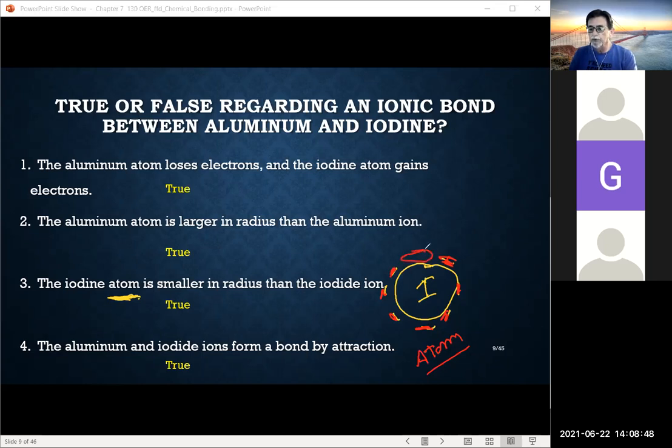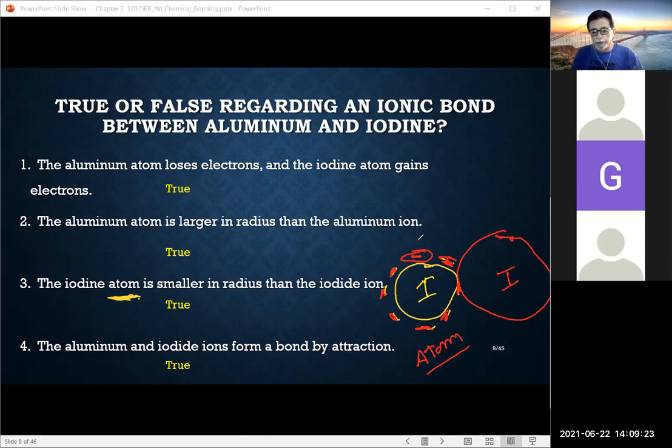It's got room for one more. When that happens, it's going to have 8 electrons in the outer shell. I won't draw them on here. By picking up one more electron, it gets more negative. So now I have 36 electrons, don't I? 8 of them in the outermost shell. And so the size gets bigger because there's more negative charge and they repel each other. Does that make sense, Barbara?